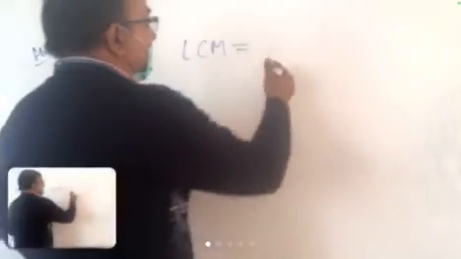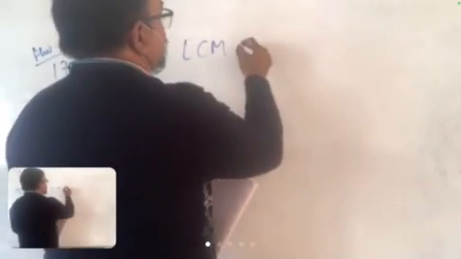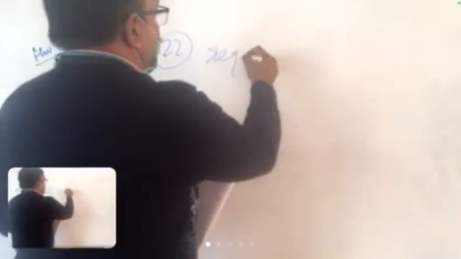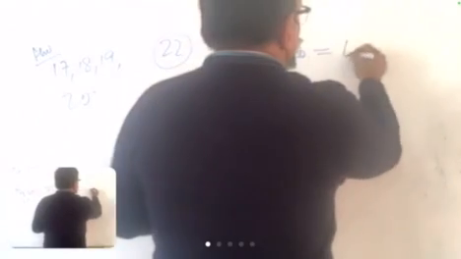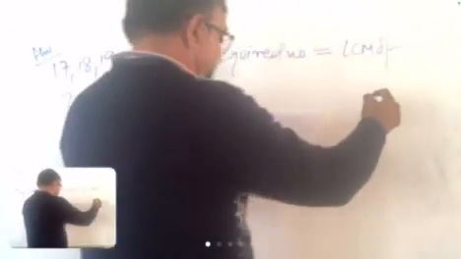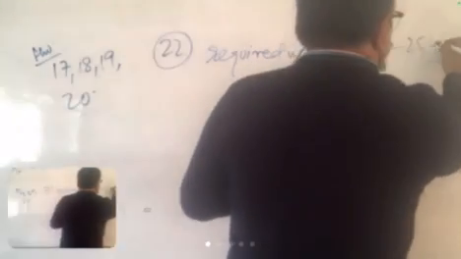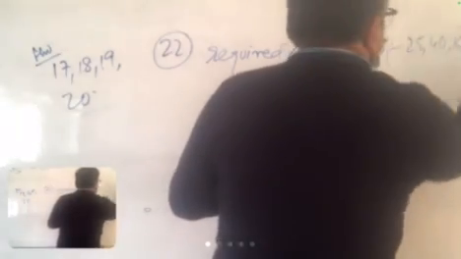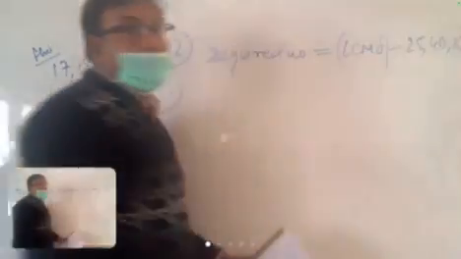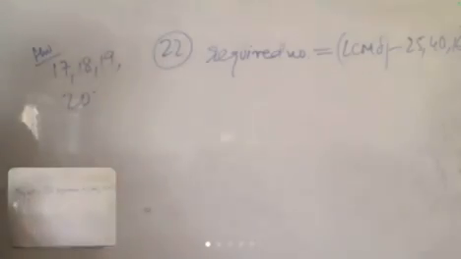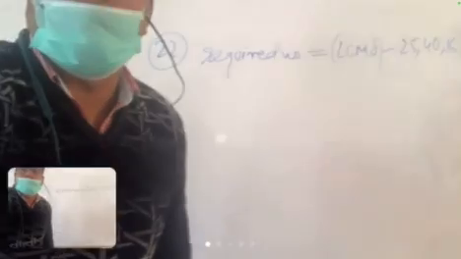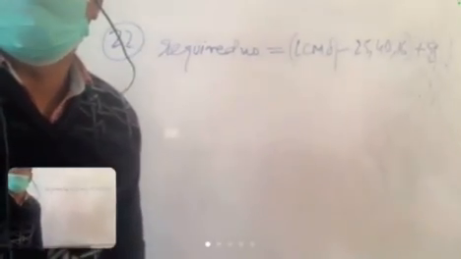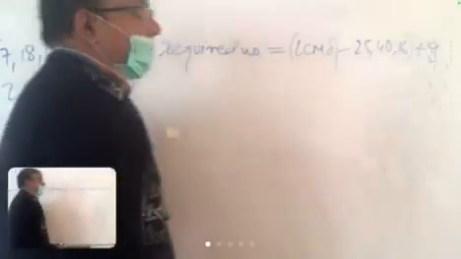Now the required number is equal to LCM of 25, 40 and 60 plus 9. At the last, whatever your least common multiple, you can add 9 to get your answer.